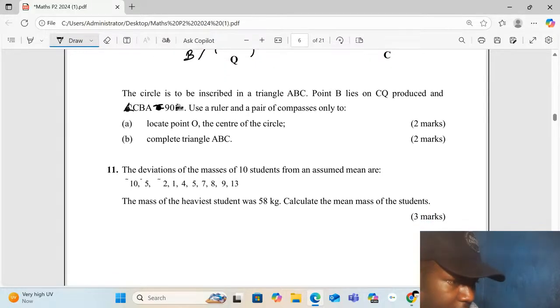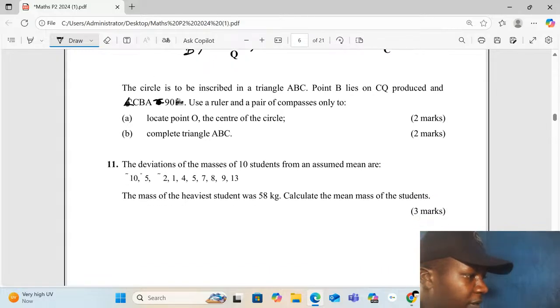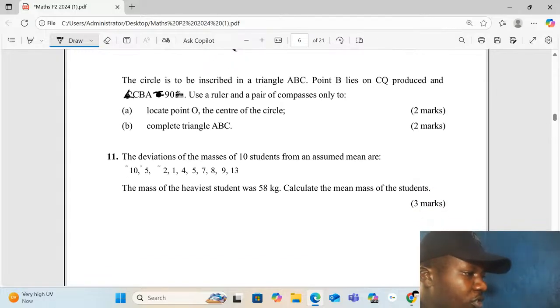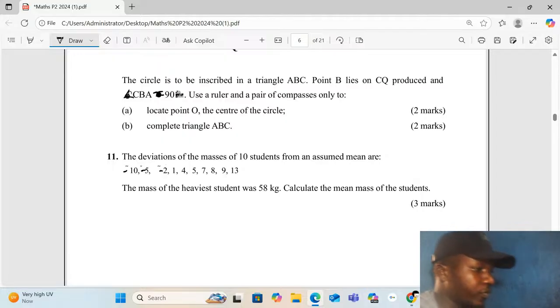Question number 11. Now, number 11 says the deviations of the masses of 10 students from an assumed mean are -10, -5, -2, and then we have 1, 4, 5, 7, 8, 9, and 13.